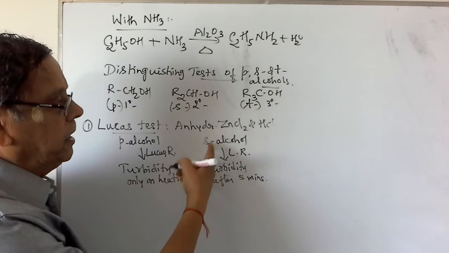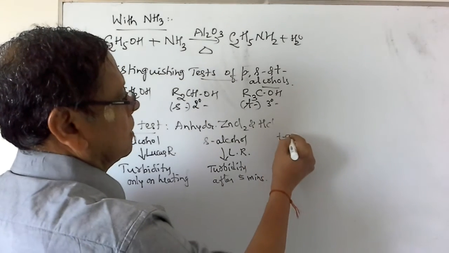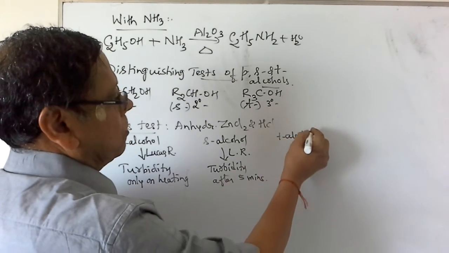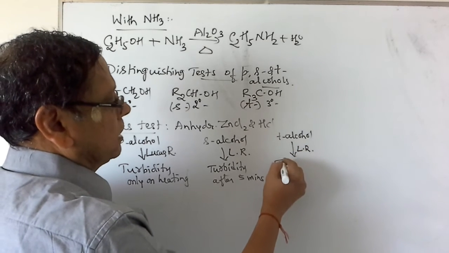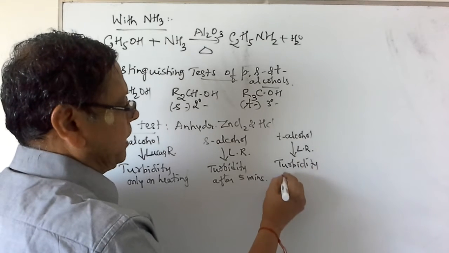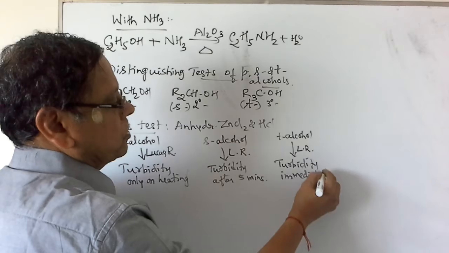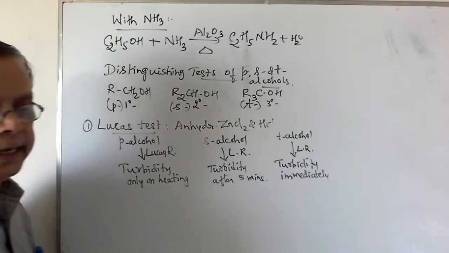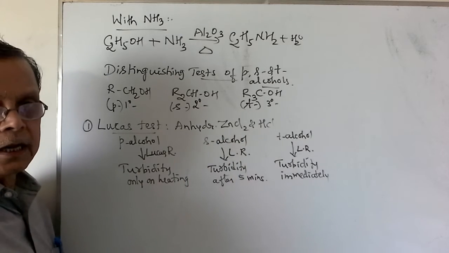Turbidity is again forming the corresponding chloride. But tertiary alcohol on adding this Lucas reagent gives a turbidity immediately. This shows that tertiary alcohols are highly reactive towards the Lucas reagent.